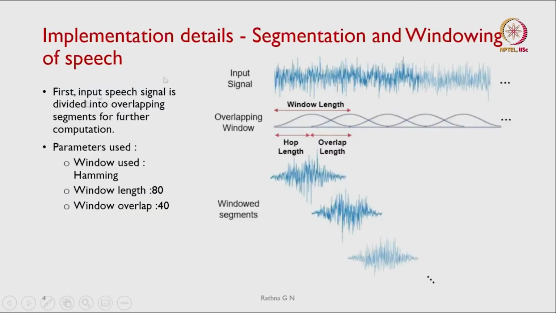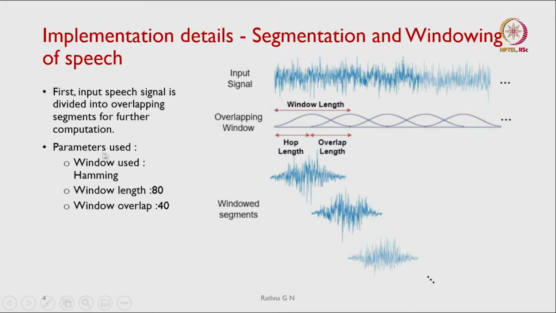Now, how it has been implemented, a few details are given here. Because it is speech, it has to be segmented by taking windows of it. The speech signal is divided into overlapping segments for further computation.